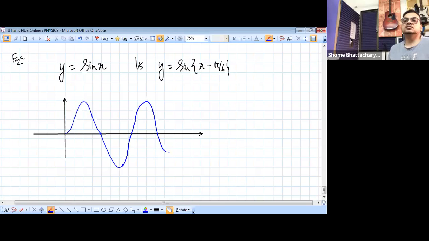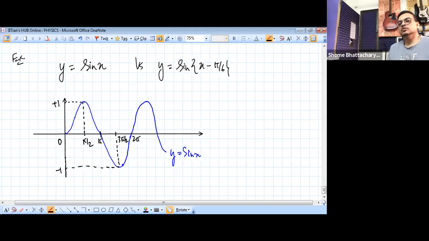This is y = sin x. So you can see that it's peaking at +1 at x = pi/2, and similarly at 3pi/2 the value is -1.